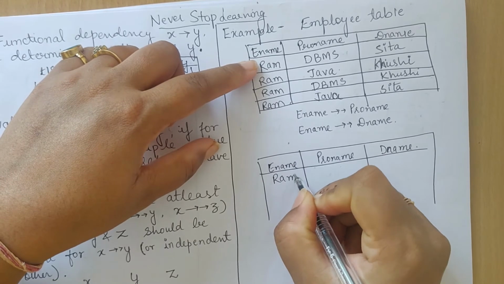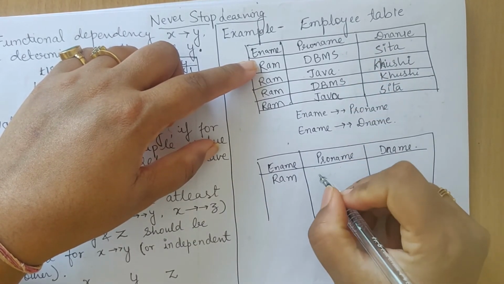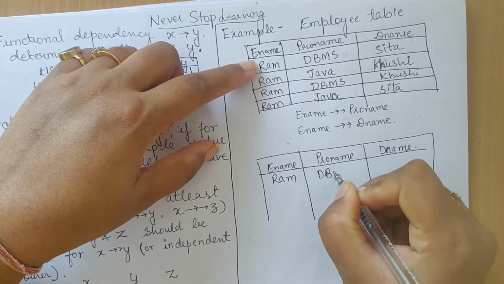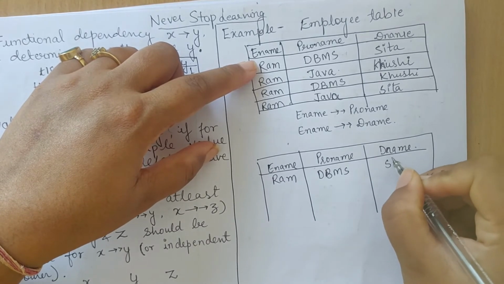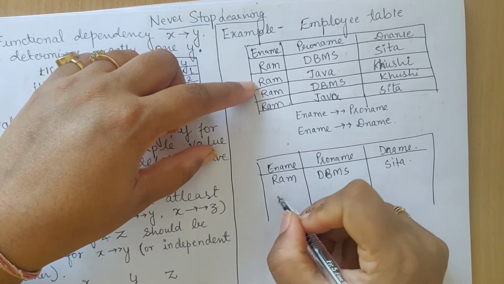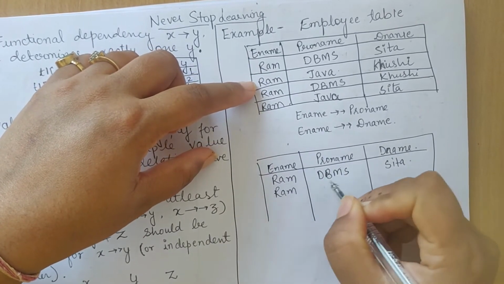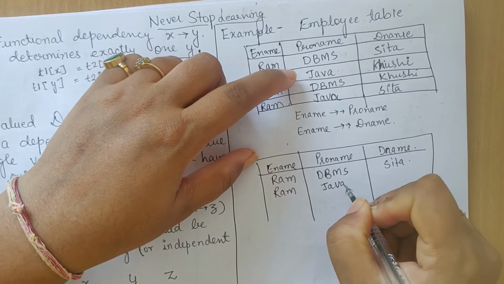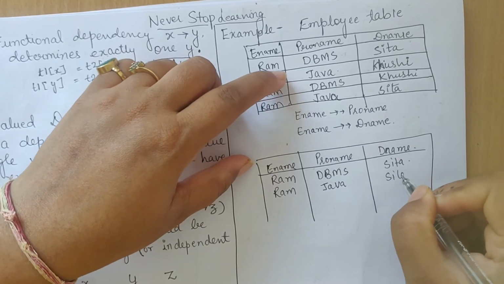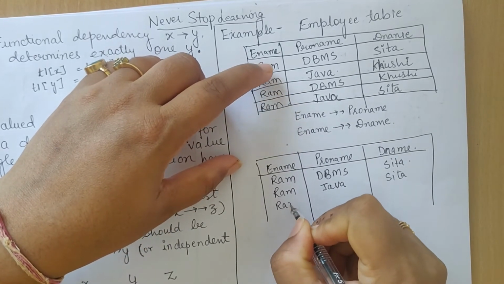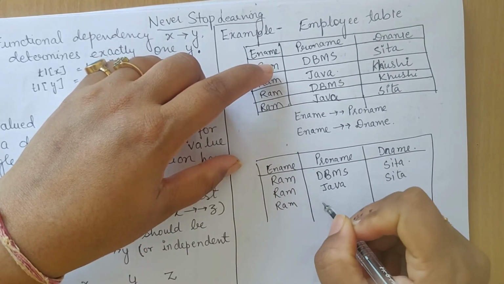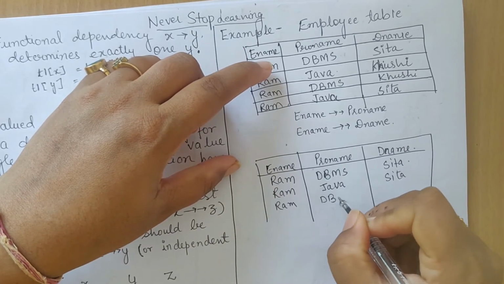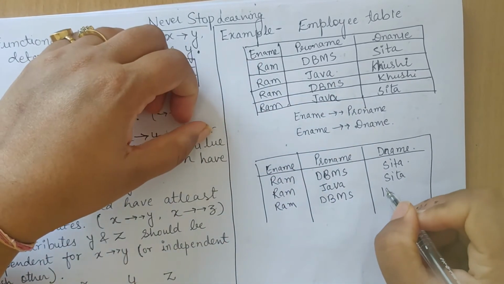If I do the cross product, each tuple gets multiplied with each other, right? Ram, DBMS, Sita. Then Ram, Java, Sita. Ram, DBMS, Khushi.